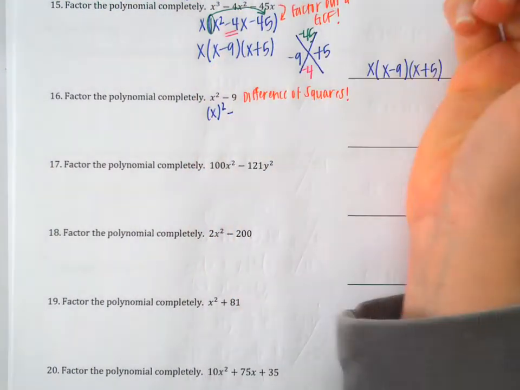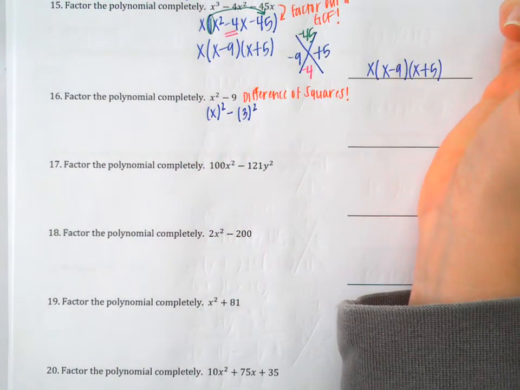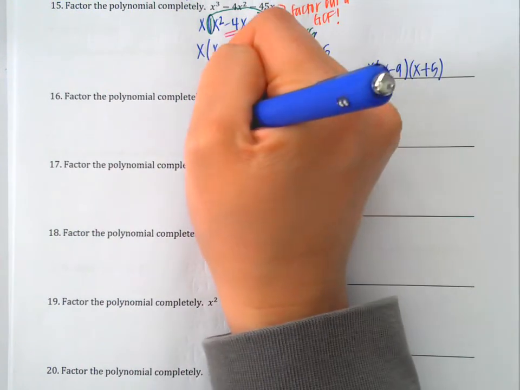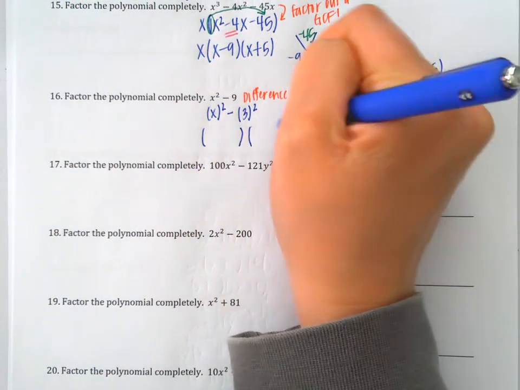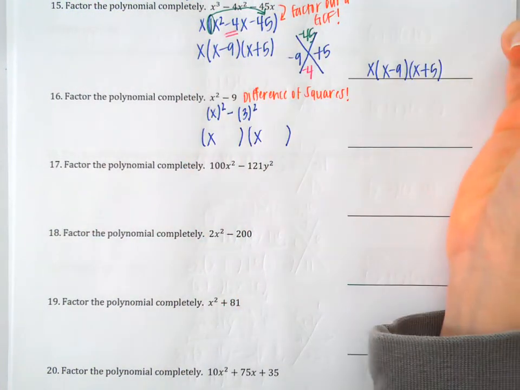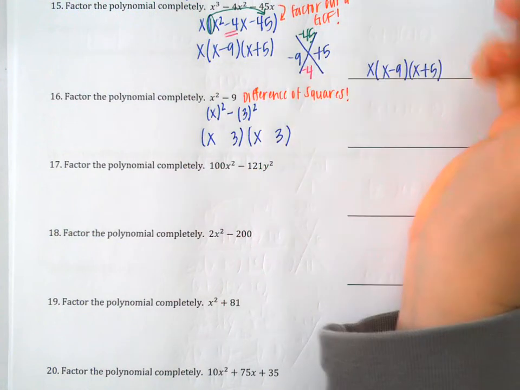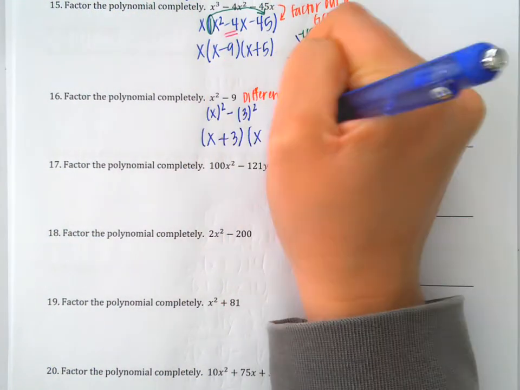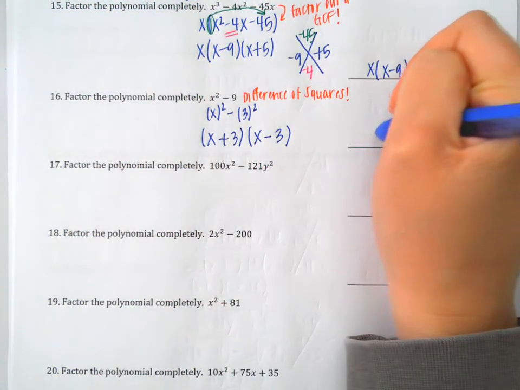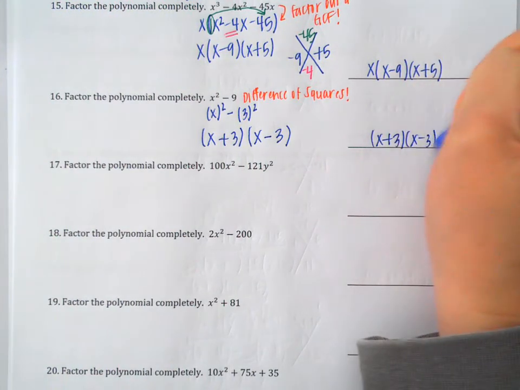And what's the square root of 9? Well, it's 3. So I can split this up into my 2 parentheses. x and x, my first term, and then 3 and 3, my second term. And then it's plus and minus. So my factors are x plus 3 times x minus 3.